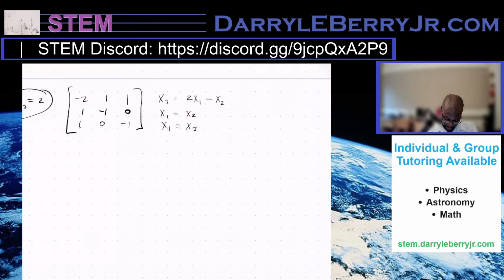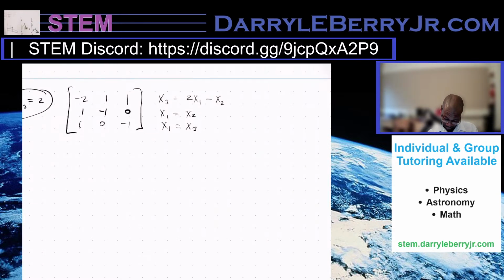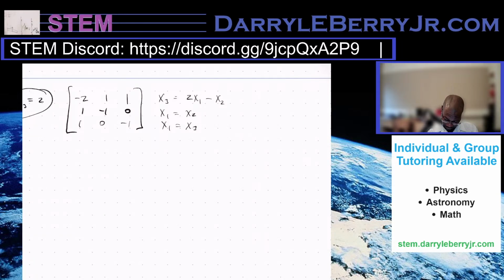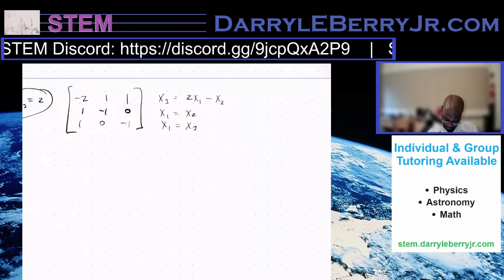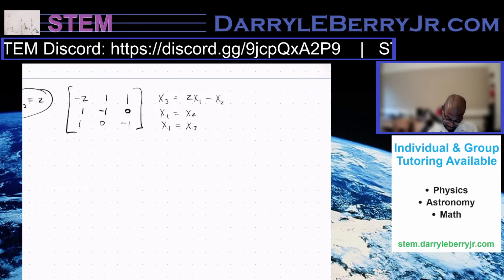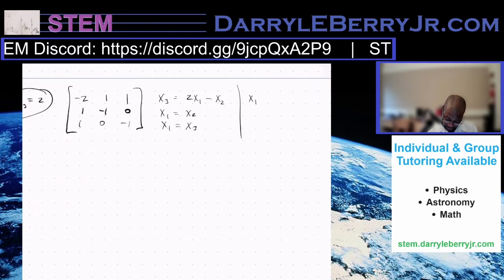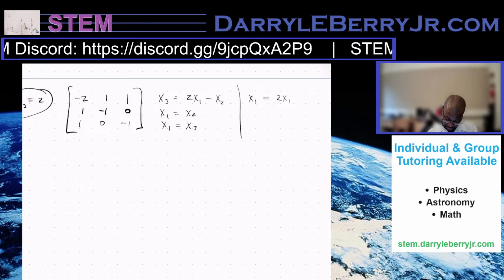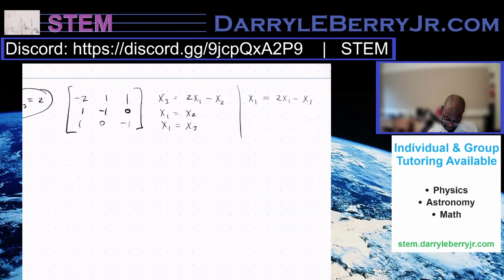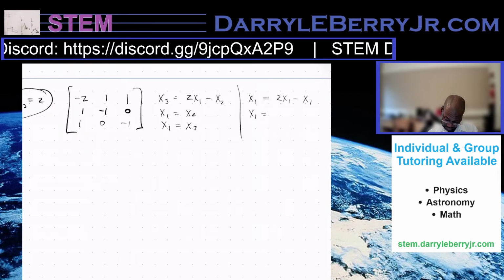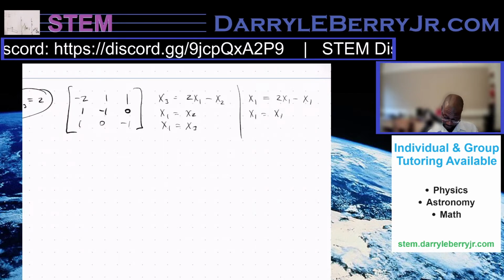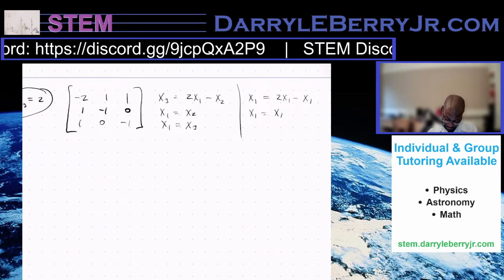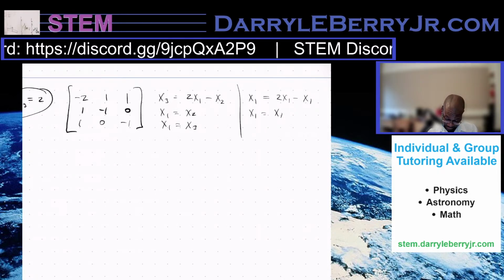So let's say we can make it work like this. So this will mean that x1 equals 2x1 minus x1. So x1 equals x1. Well, that doesn't help too much. Thus x1 is a free variable. So I guess everything here is a free variable. That's what that means.